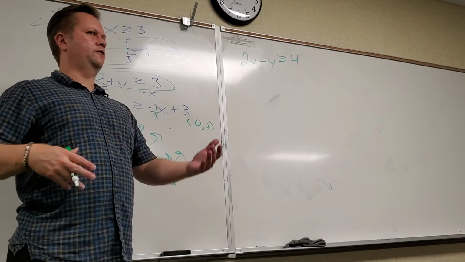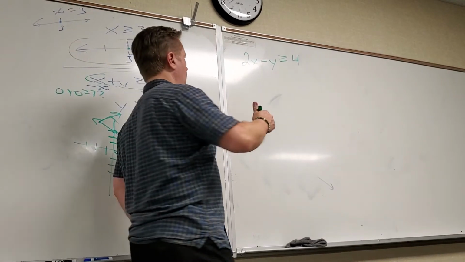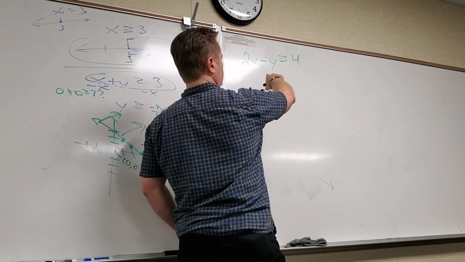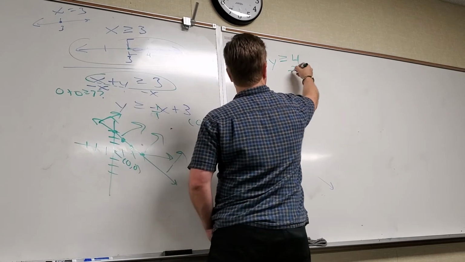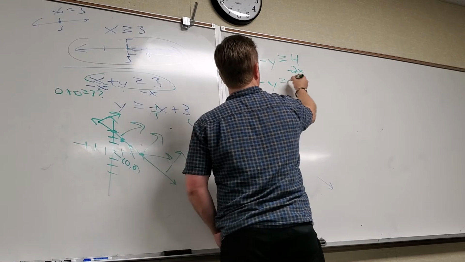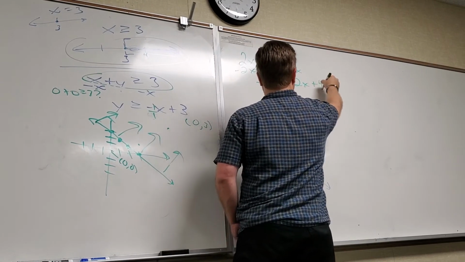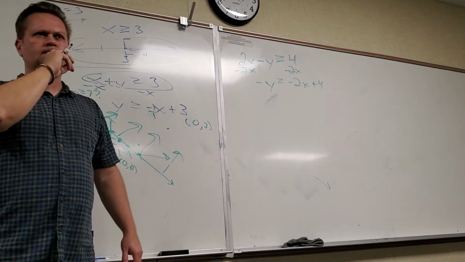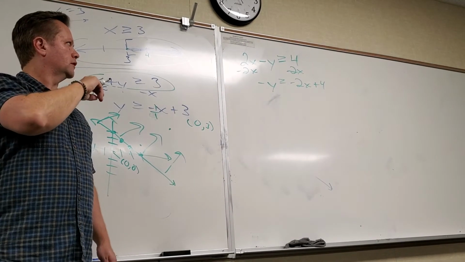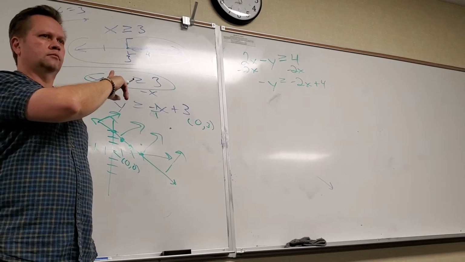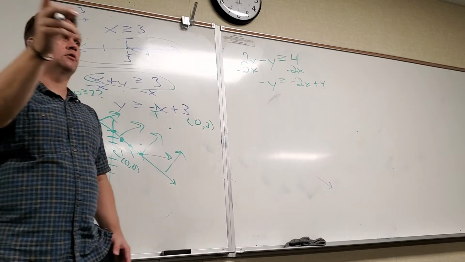So how do I solve for y? What do I do? Yeah. So what I'm trying to do now is to get the line figured out so I know what to graph. Is that solved for y yet? No. So here's Stuart's point.